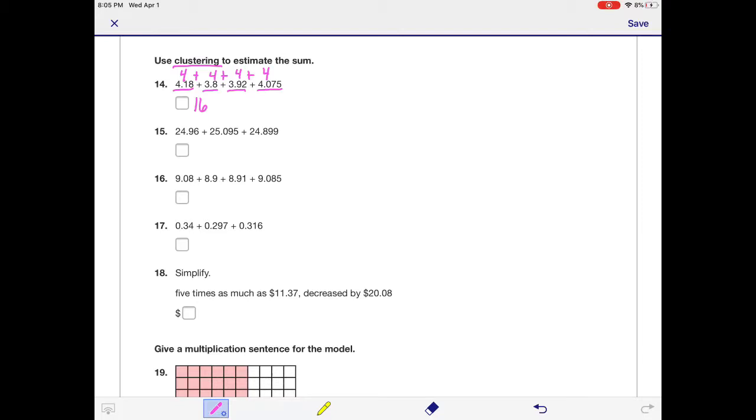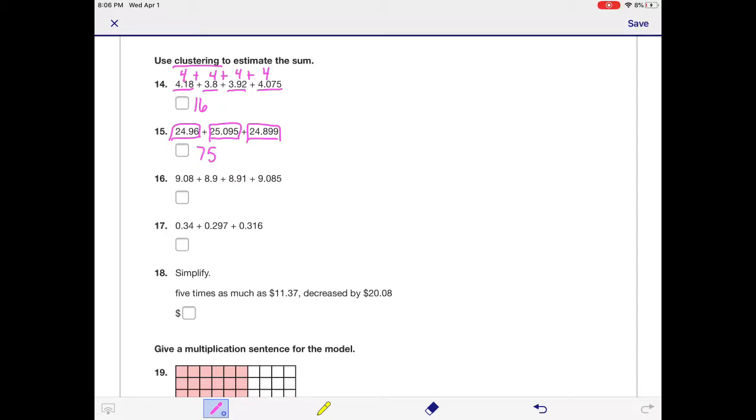Okay, let's do a few more of those. What number are all these clustered around? Look at these numbers. They're all very similar and they're all very close to one number. That number is 25. You have 3 groups of about 25. So 3 times 25 is 75.